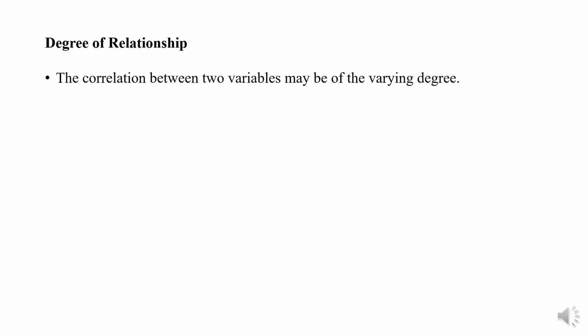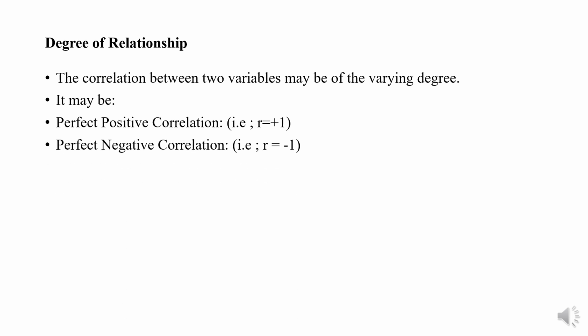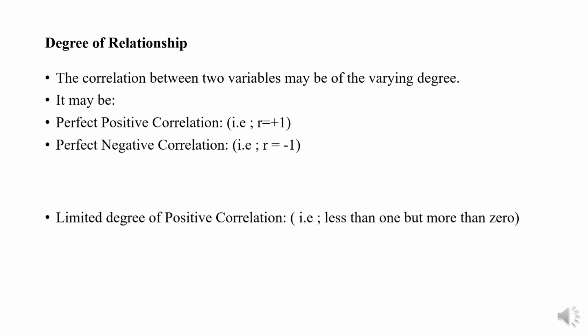The next slide is about the degree of relationship. The correlation between two variables may be of varying degrees. It may be perfect positive correlation, for example, R equals plus 1. When there is perfect negative correlation, the R value equals minus 1.